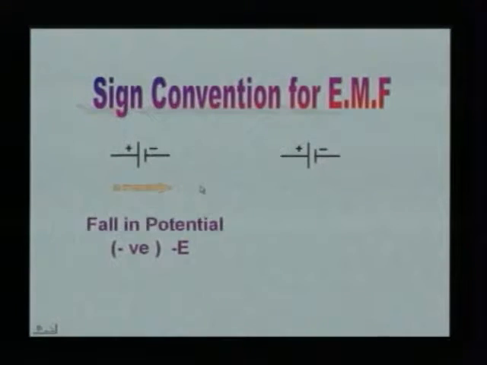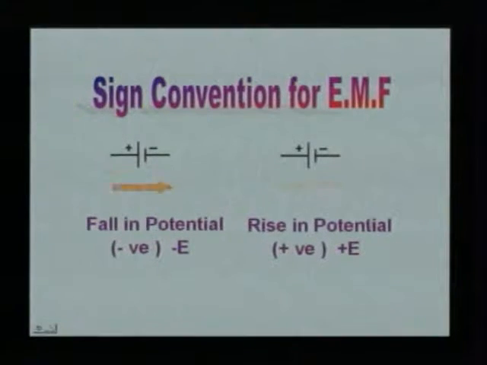A fall in potential is represented by a negative sign, that is minus E. If we take the other case, that is if we are coming from the negative terminal towards the positive terminal, then there is a rise in potential, and it is given a positive sign, plus E.